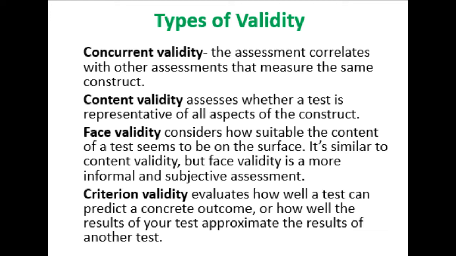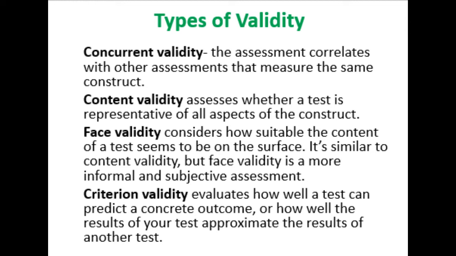There are many types of validity that include construct validity, content validity, face validity, and criterion validity. Construct validity is about how well a test measures the concept it was designed to evaluate. It's very crucial to establishing the overall validity of a method.